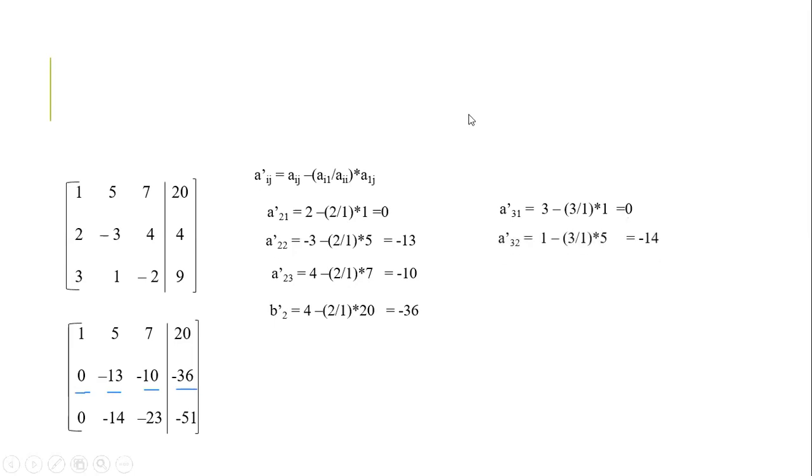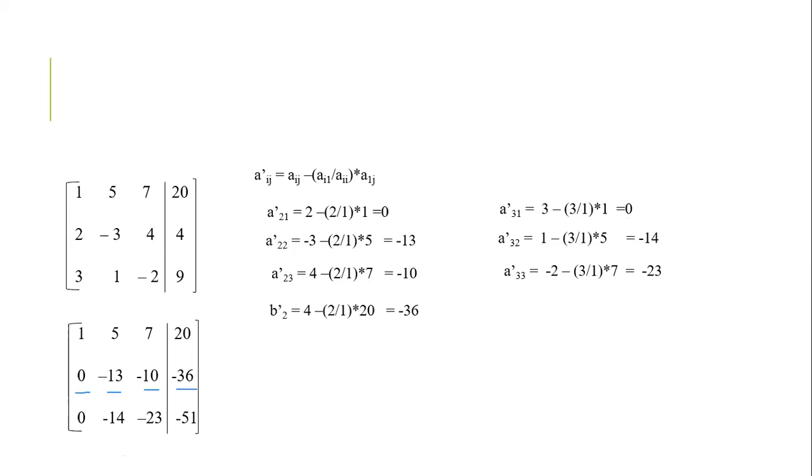Next we have 1 minus the same multiplier 3/1 times the value on top here, which is 5. That will be 1 minus 15, which is -14. And then A33 will be -2 minus 3/1 times 7.